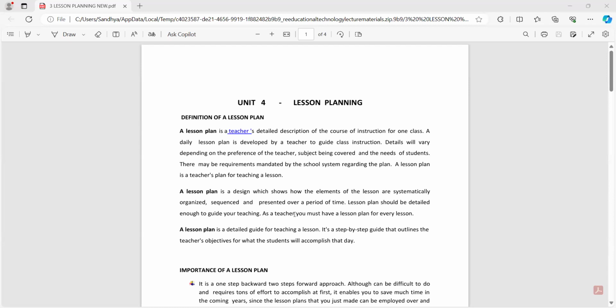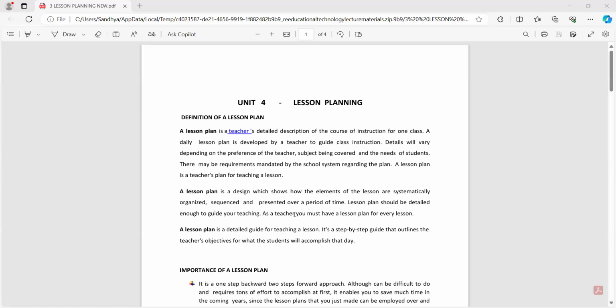How I'm going to do my teaching this particular lesson in this particular period? How much time is given? What are the objectives to be realized? What are the materials used? What are the methods and techniques that you're going to use? How you're going to assess them? Each and every detail of the 40-minute instruction is described in the lesson plan.